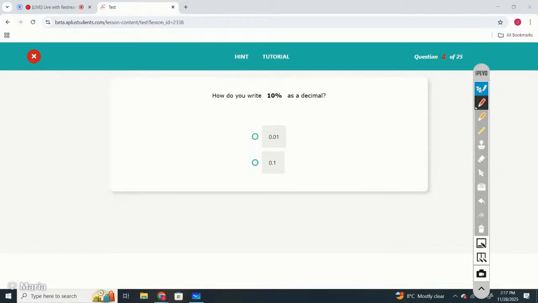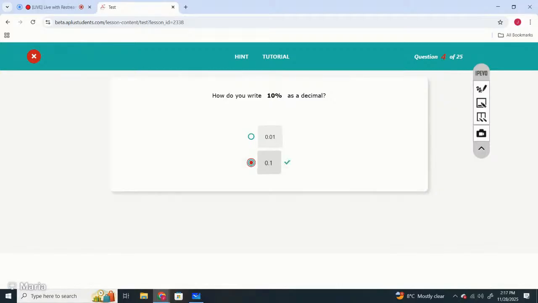That is 0.1. Option number 2 is the correct option.